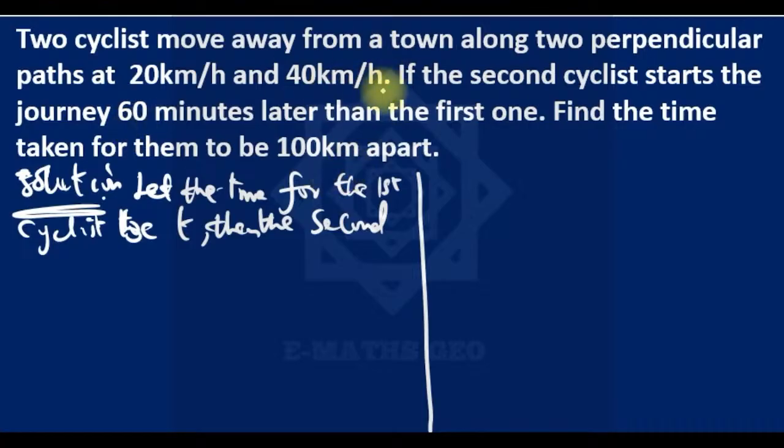Remember the time is in hours, so we convert 60 minutes to hour, which is 1 hour. So the second one starts 1 hour late, so then the second is t minus 1. Do you get the logic? It is 1 hour late.